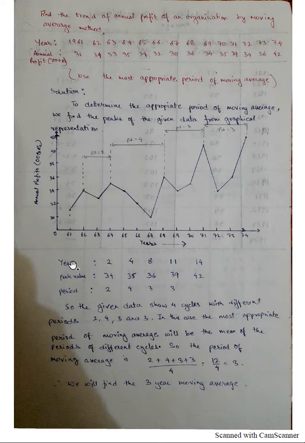For year I am just representing it with 2, 4, 8, 11, 14, where 2 means 62, 4 means 64, 8 means 68, 11 means 71, and 14 means 74. And peak value is the value of profit at the corresponding peak points, and this period gives the number of years in between two peaks.